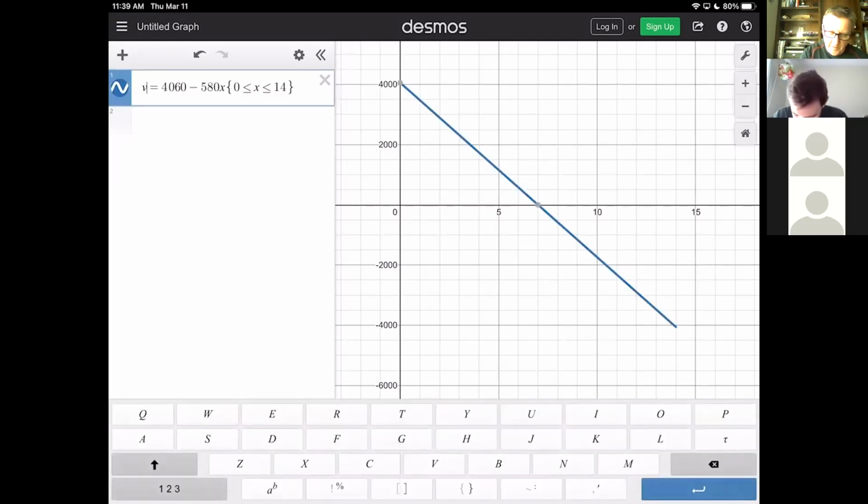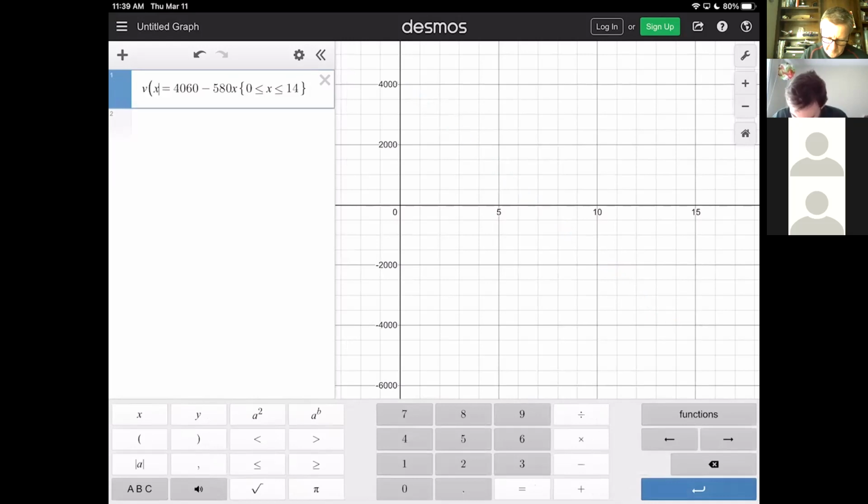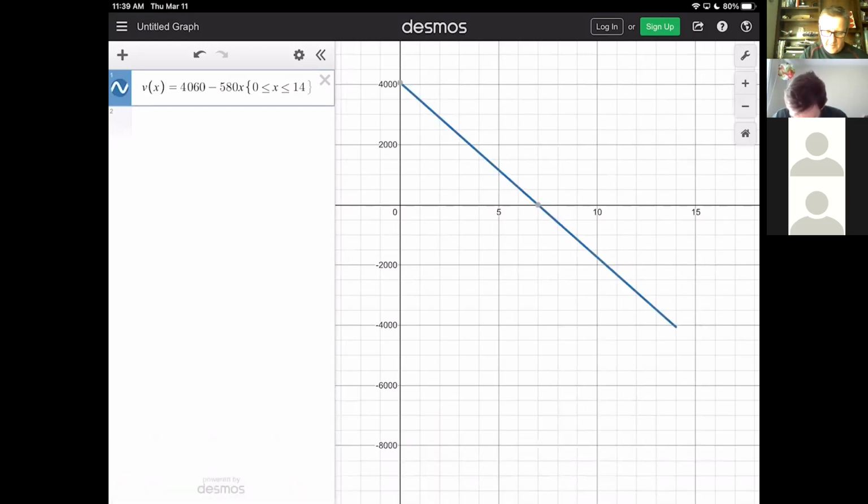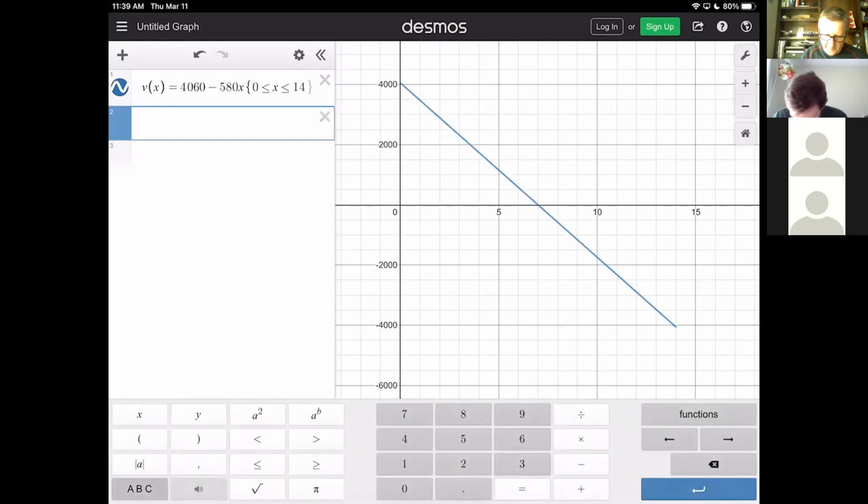And let's do something kind of cool because we can do this inside of Desmos. If I call that not just V, but V of X, then I can come down here and say, let's just figure a few things out. Like if I put in, we did this a while ago, if I put in 5, then what's my shear value?